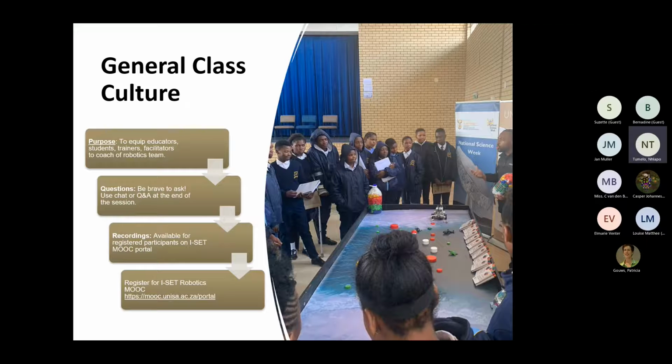The purpose of this is to equip educators, students, trainers, facilitators, and coaches of different robotics teams. And please feel brave to ask. Use the chat or the question and answer at the end of the session.